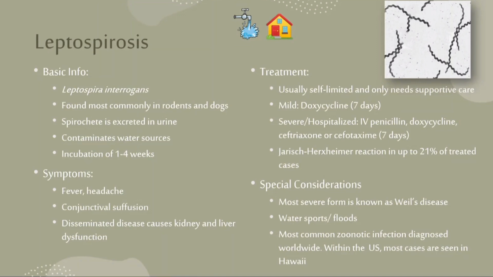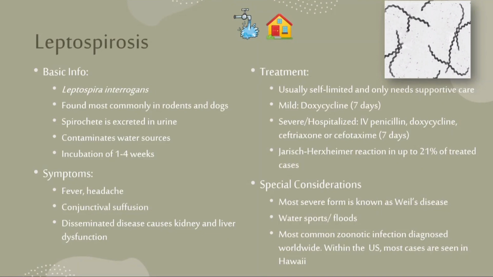So we talk about the Jarisch-Herxheimer reaction. This is a board question that we see. If you've ever used Sketchy Medical, and I did use that as a source here, they talk about this in detail, and it is a board question that I have seen in our study for boards. You can have this reaction in up to 21% of treated infections. This is when you're killing off spirochetes of any kind, so this could be seen in syphilis as well.